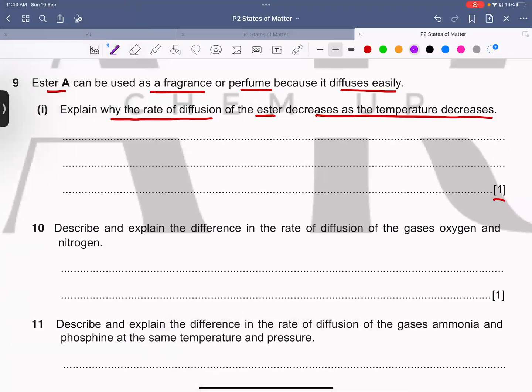So when the temperature gets lower, the particles have less kinetic energy, and as a result, they are going to move slower. So that will be your answer.